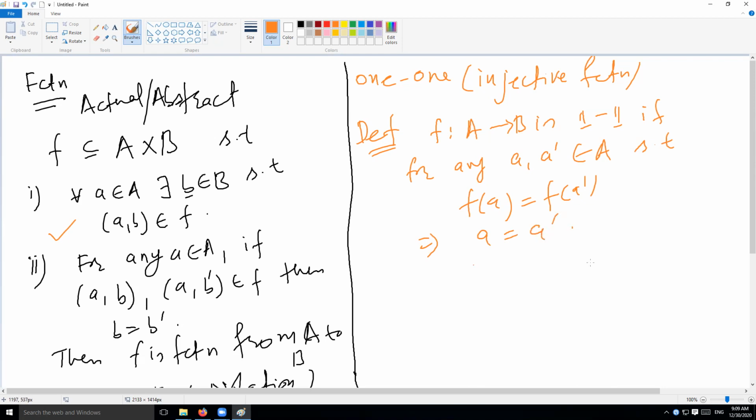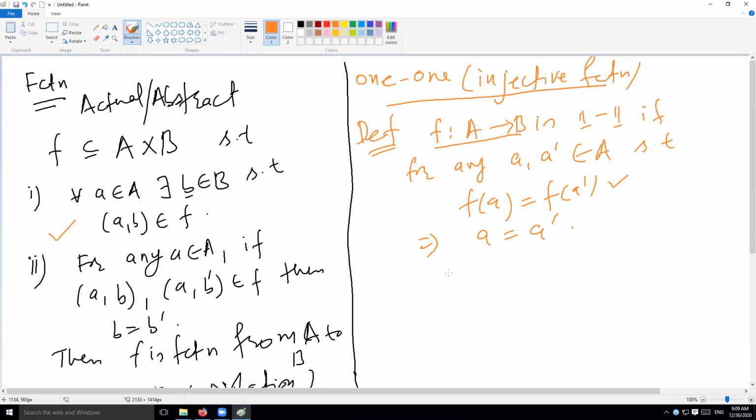Okay. So if the images of a and a prime are equal, then a and a prime must be equal. So if a function has this additional property, then you call such function the one-one function.